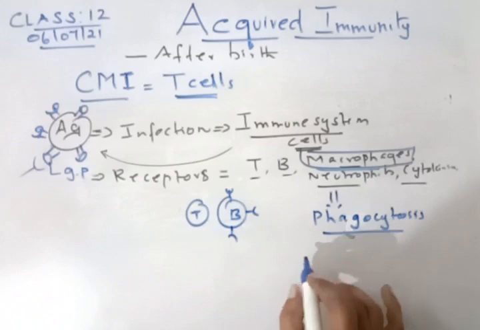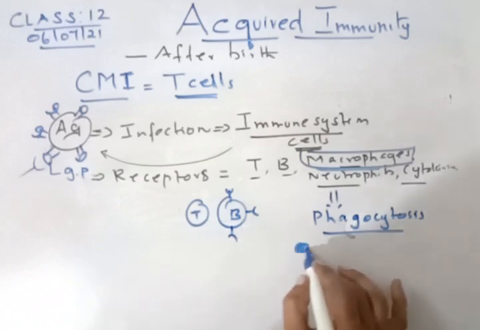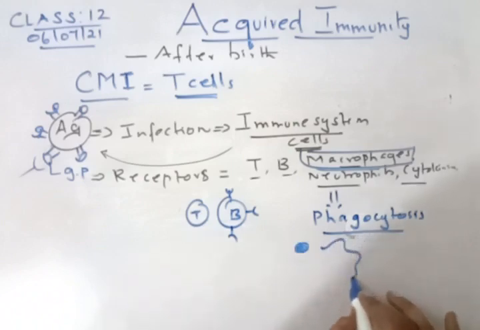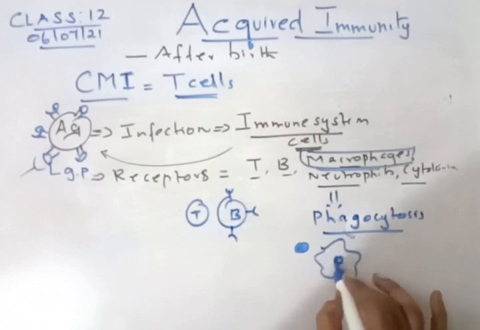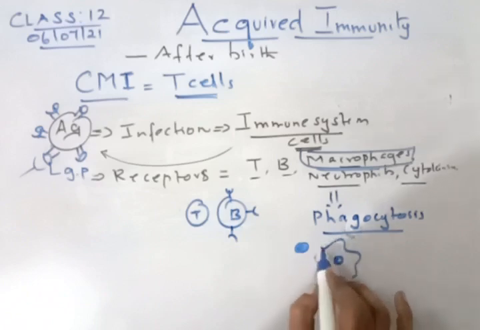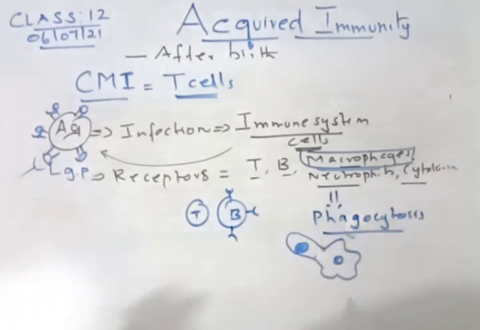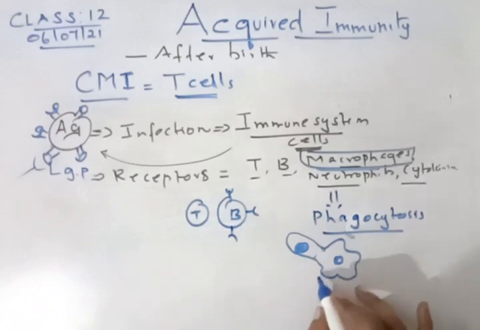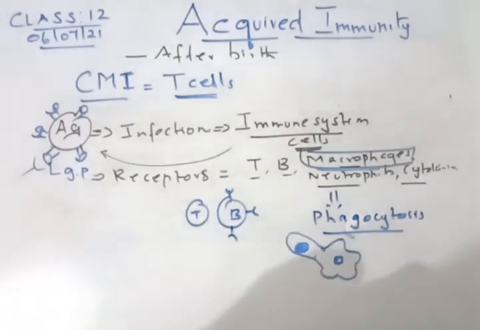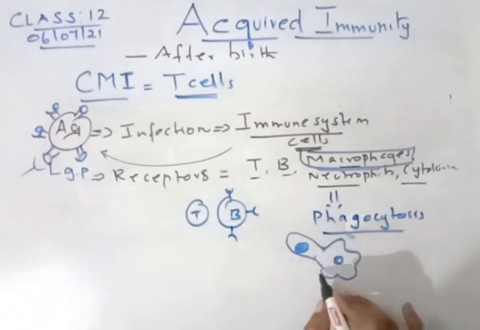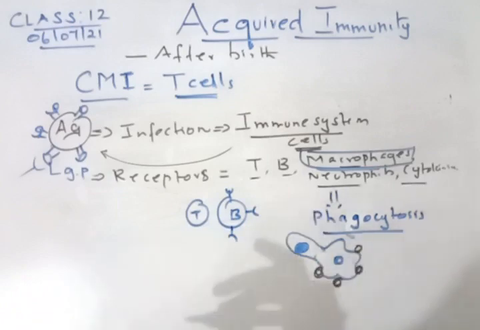That means if this is an antigen and this is a macrophage, the macrophage will form a pseudopodia and take this antigen inside and detoxify the antigen, and after detoxifying it, it will present the antigen on the outer surface. It will break the antigen and present it on the outer surface like this.